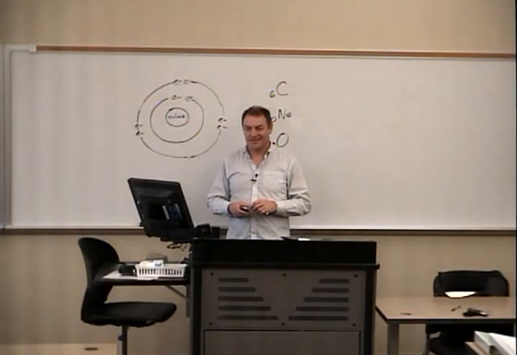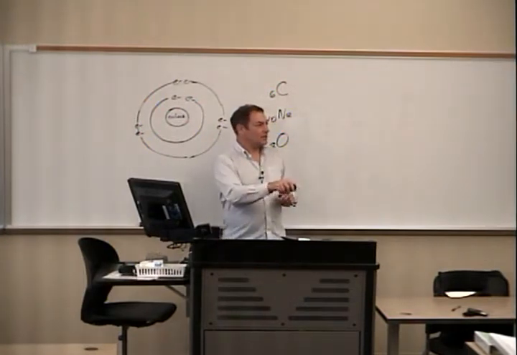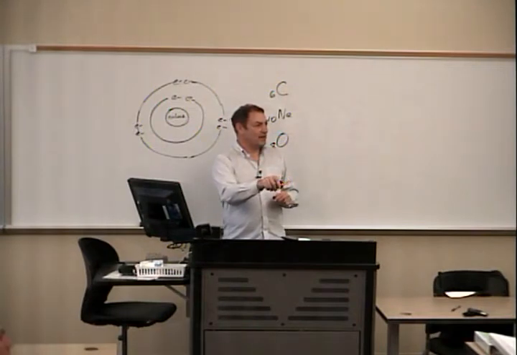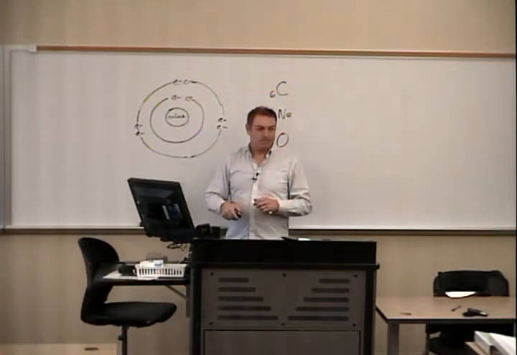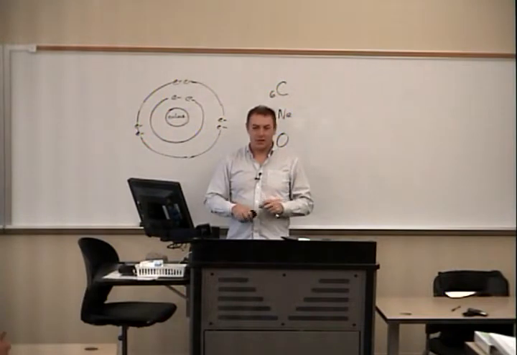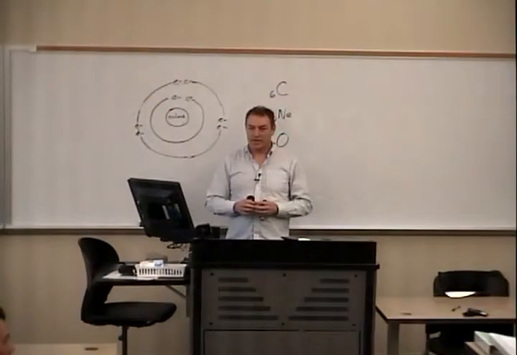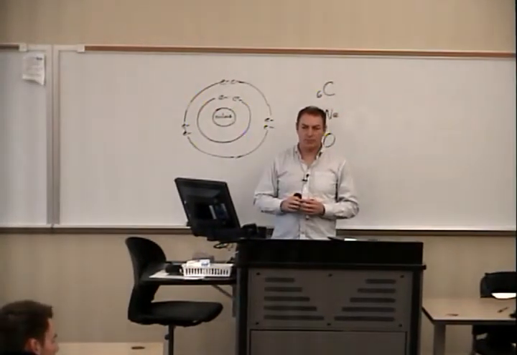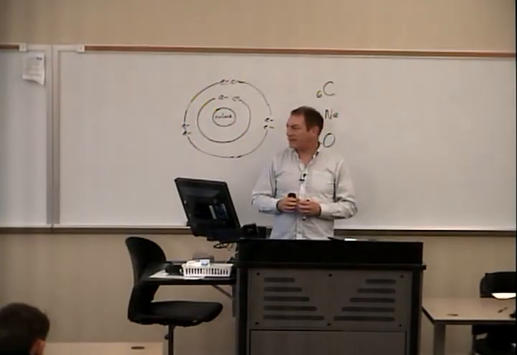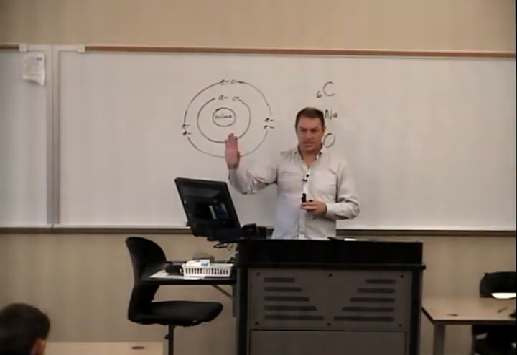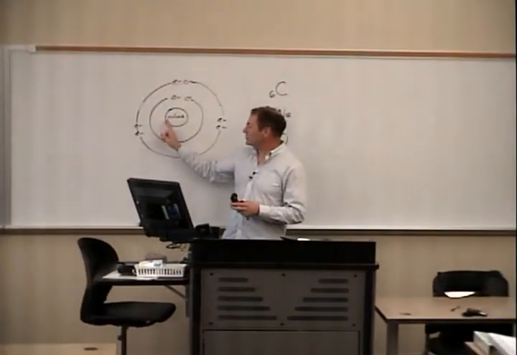Yes. Do we need to know the exceptions to the rules, like copper, when it comes to orbitals? You mean when we start to get down to these bigger elements? Yes. Will we need to know that for biology? Not in 181. When you take some more advanced biology or chemistry classes, they're going to go into the electron configurations in other shells, because I know I've said 2, 8, 8.